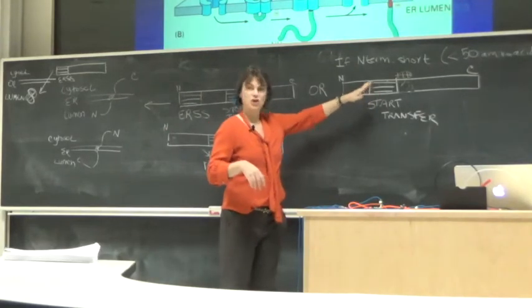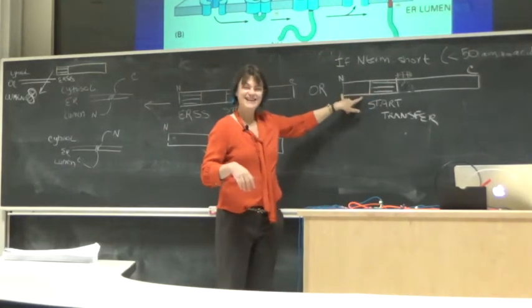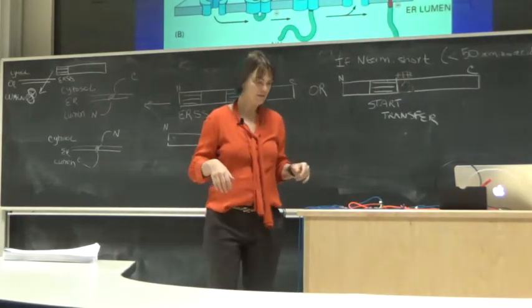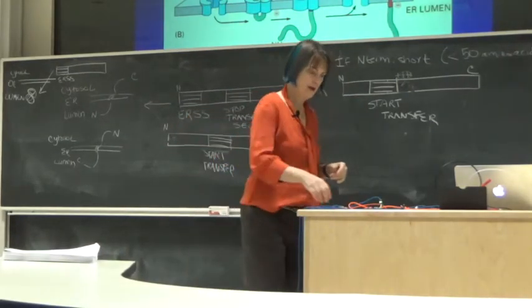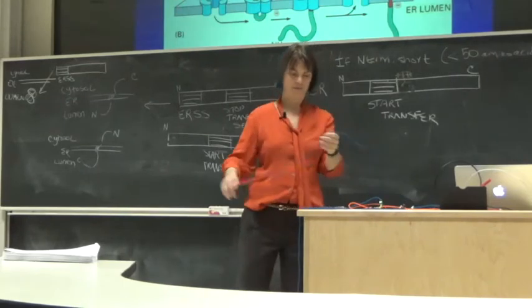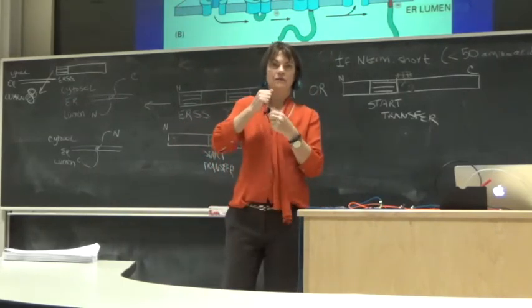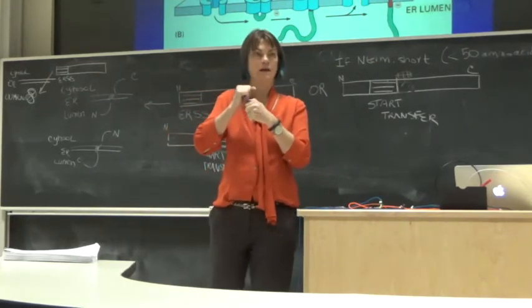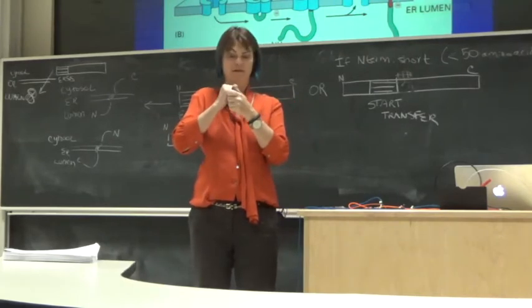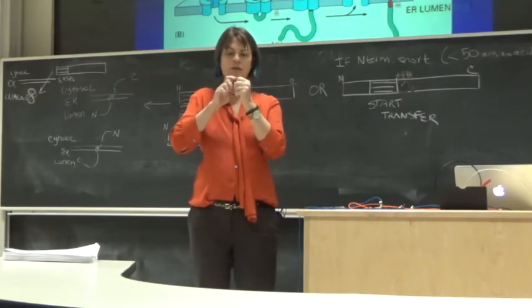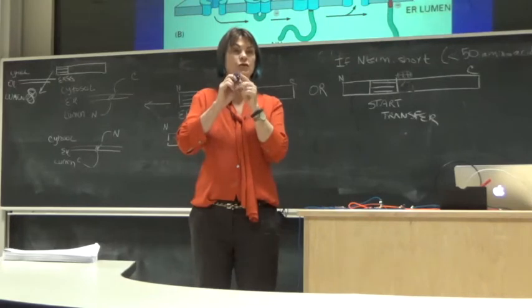Why does the size of the N terminus make a difference? The reason it makes a difference is that if we have a pretty long N terminus right here, remember this is going on and folding and folding, and we have a pretty big folded structure right here.